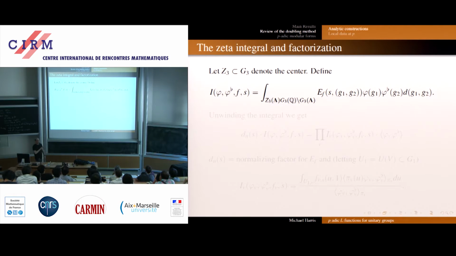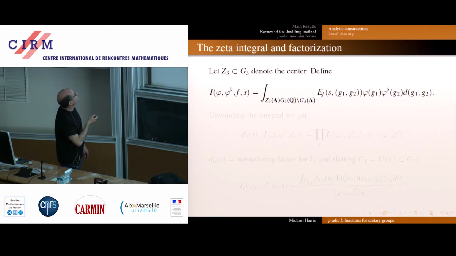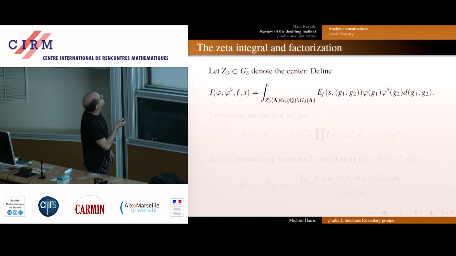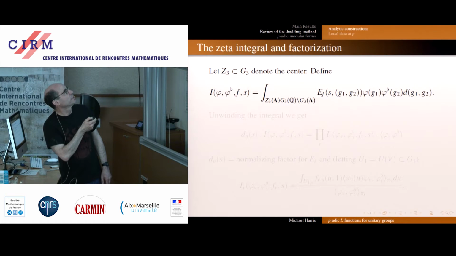One of the things you can do with non-Archimedean fields is integrate functions over them, and this is what we get. Here's an integral, and it depends on our choices. We get rid of the center, and things are set up so that this works.